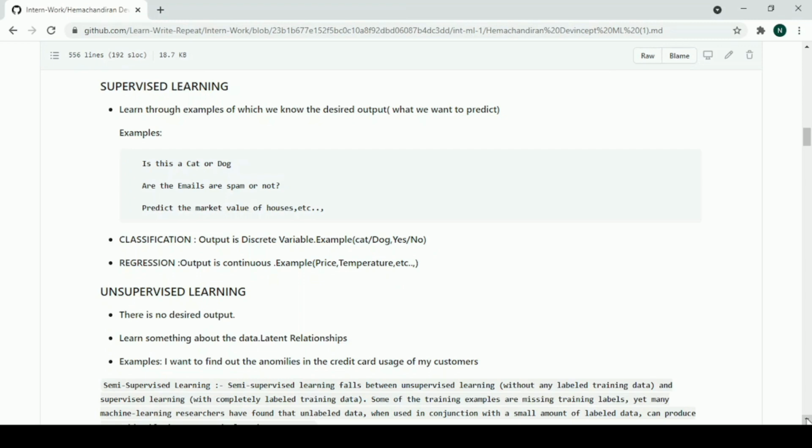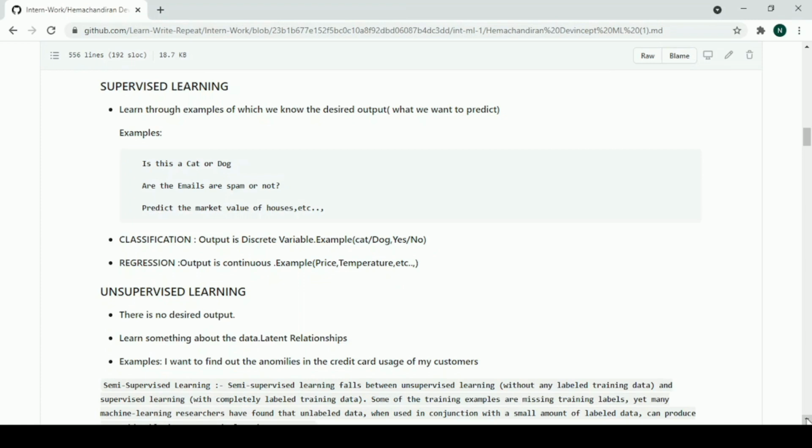Examples are: from an image, predicting whether it is a cat or dog; whether emails sent to us are spam or not; predicting the market value of houses, like house price prediction; and cancer prediction. These are examples of supervised learning.